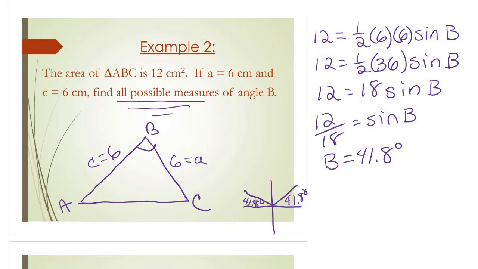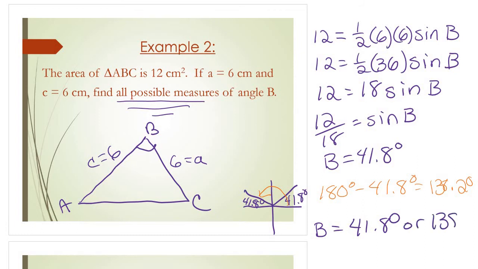So I have to find this other angle by doing 180 minus this. So 180 minus 41.8 degrees is 138.2 degrees. Therefore, B could be 41.8 or 138.2. And that is your answer.